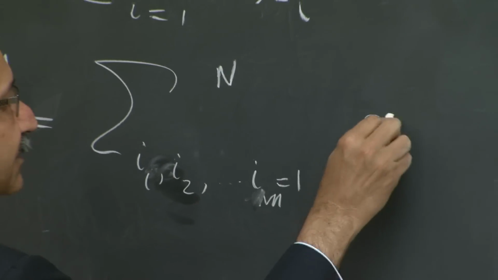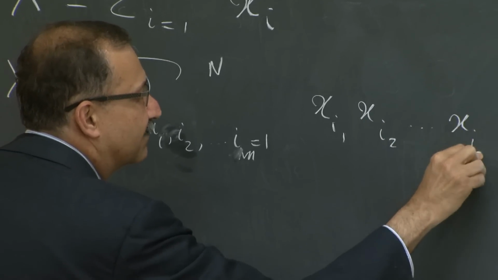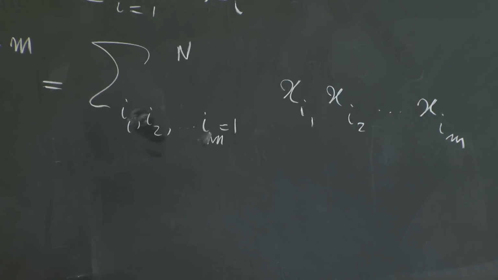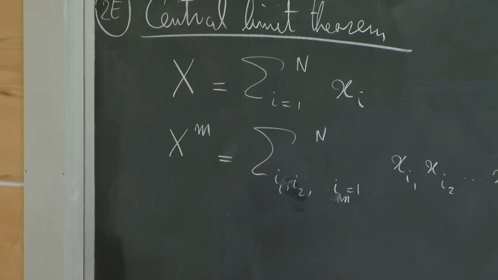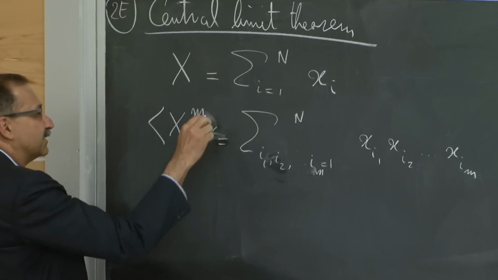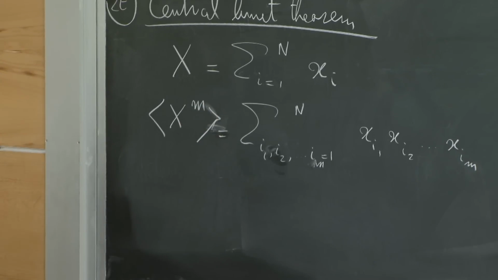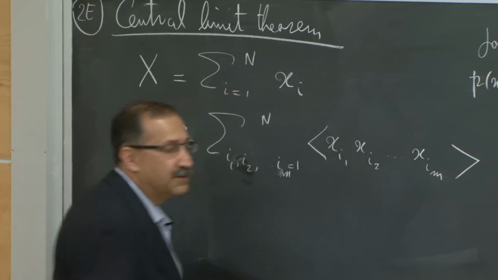And then I have x of i1, x of i2, x of im. So basically, I multiplied m copies of the original sum together. And if I were to calculate some moment of this, basically the moment of a sum is the sum of the moments. I could do this.